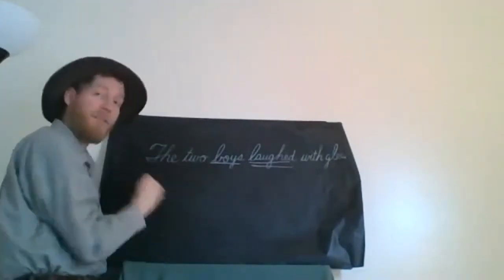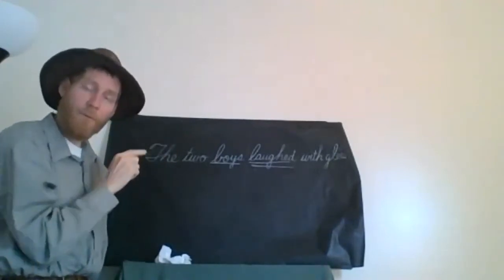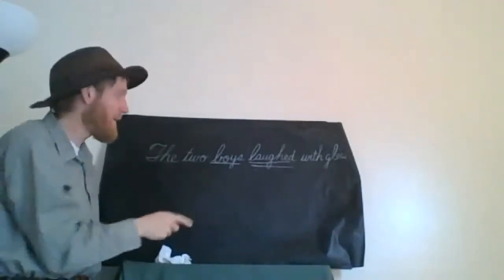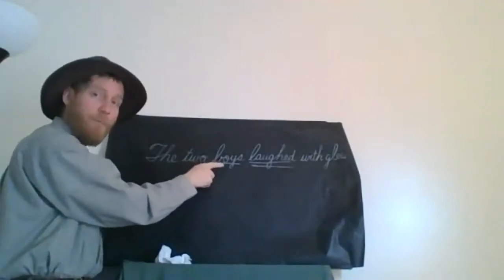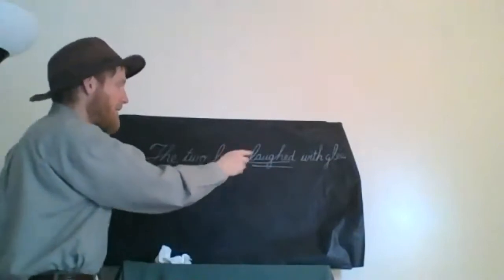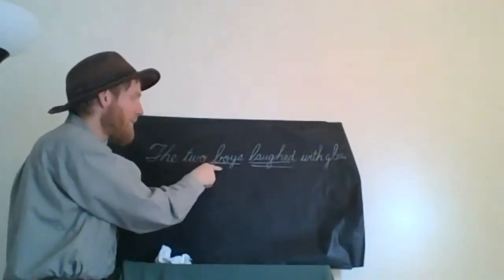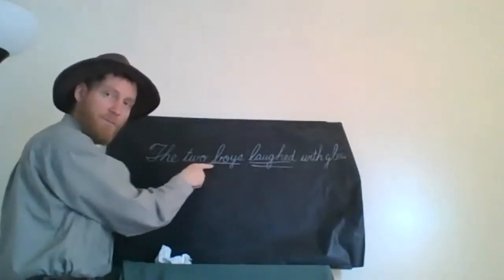If I ask for the complete subject, yes. But if we're meaning the simple subject, just the word boys. Understand? So we have the simple predicate and the simple subject, right?